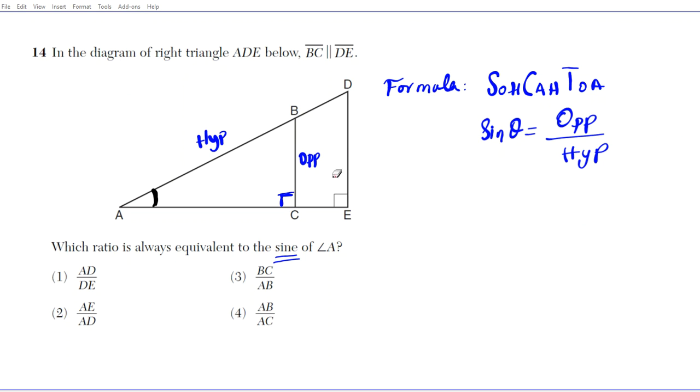If you have two parallel lines and a transversal, these two are corresponding angles. Okay, so they are congruent. Okay, all right, let's go ahead and write that down.